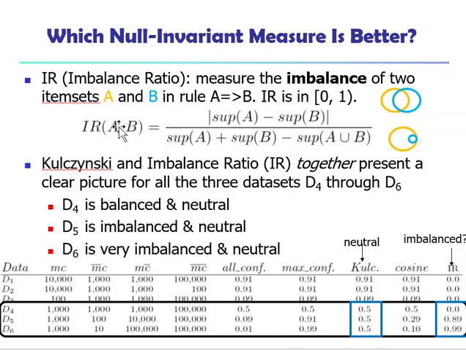So the higher the IR score, the more imbalanced the items in this rule are.